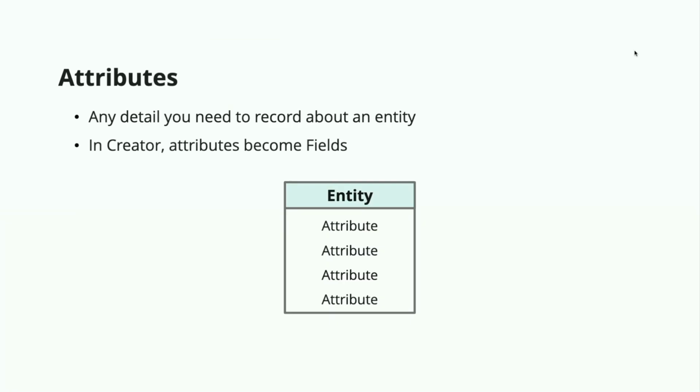Next is attributes. Attributes are the details that go into a record within the entity, right? Generally, in Creator, these are fields. Same thing, how many of us use a CRM, for example? Fields, these are attributes as well. You have a lead record, and you have all this different information that you're saving about that particular lead. So that's what these attributes are.